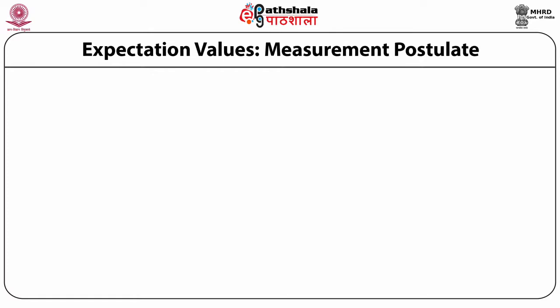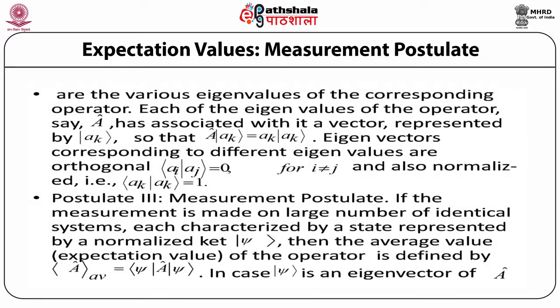Expectation values, measurement postulate. Now, continuing postulate 2, we see that the only measurable values of a physical observable are the various eigenvalues of the corresponding operator.